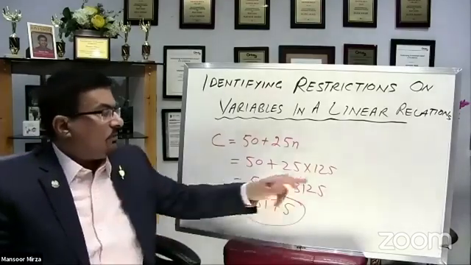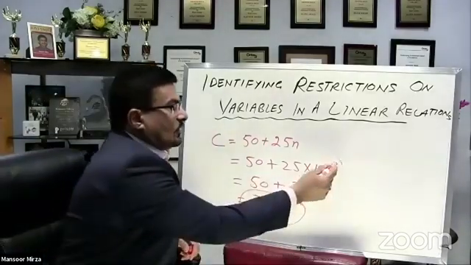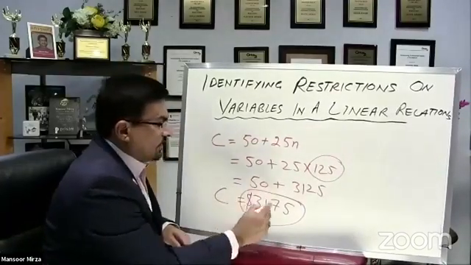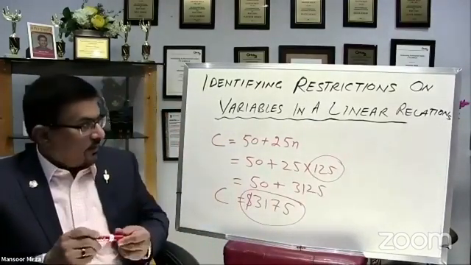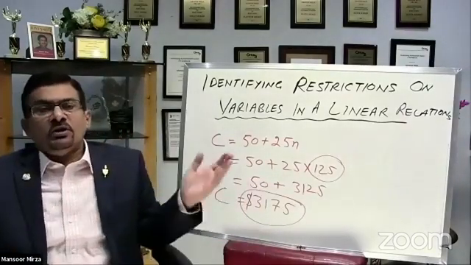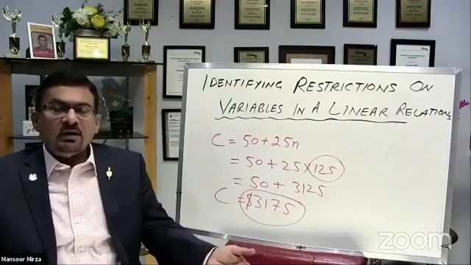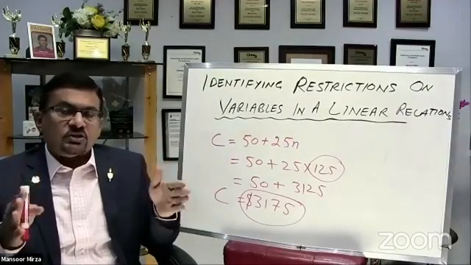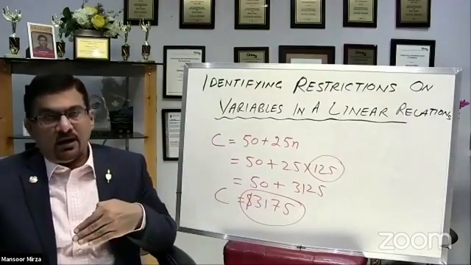That means we can only use this 125 number, and this gives us the cost cannot go more than this, and similarly the number cannot go more than 125. So this is a very clear example to understand how we have restrictions on the lower end and the higher end as well.